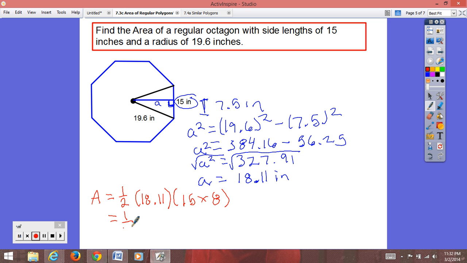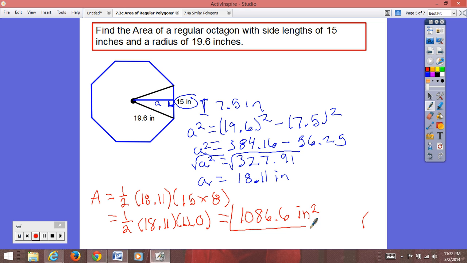It's just 1/2 of 18.11 times 120. Multiply that through, and we get 1086.6 square inches. That is the area of this regular octagon. Remember, this area formula is only for regular polygons, so they are both equiangular and equilateral.